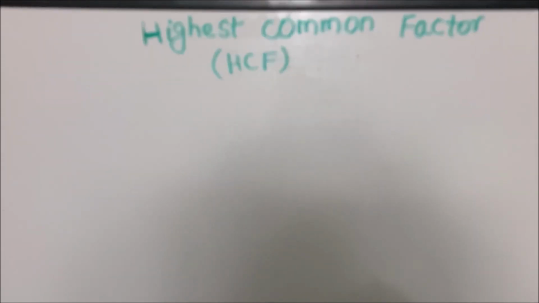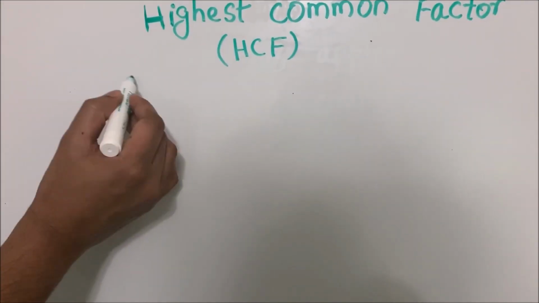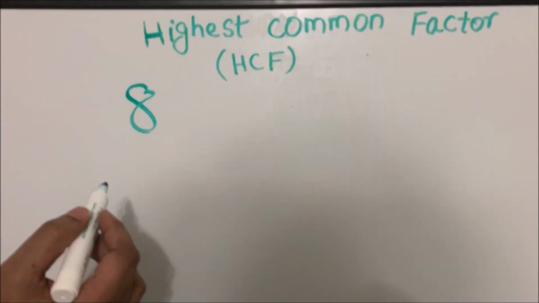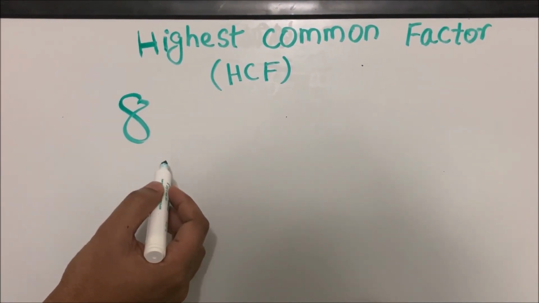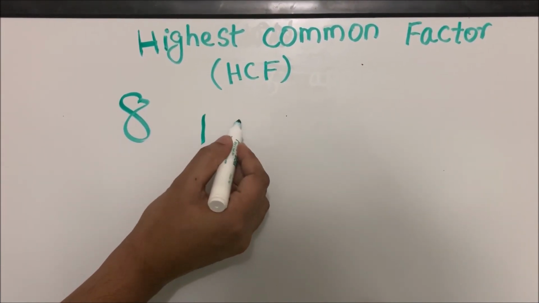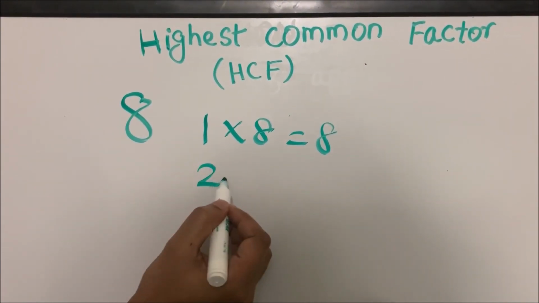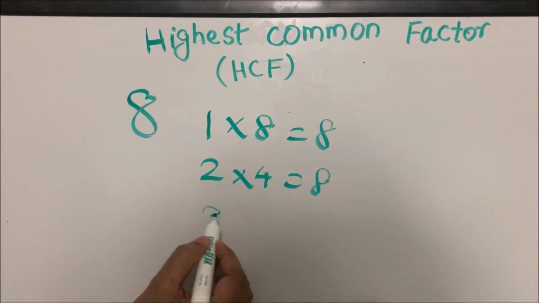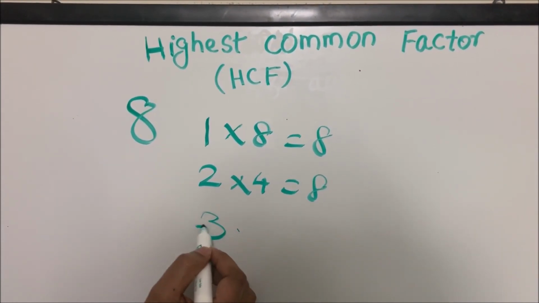Coming back to the factors, let us see some examples. Let us take number 8. To find factors of 8, we need to list each number which gives 8 when multiplied. Starting from 1, 1 into 8 gives 8. Next, 2, 2 into 4 gives 8. 3 doesn't have any multiple, so this doesn't come.